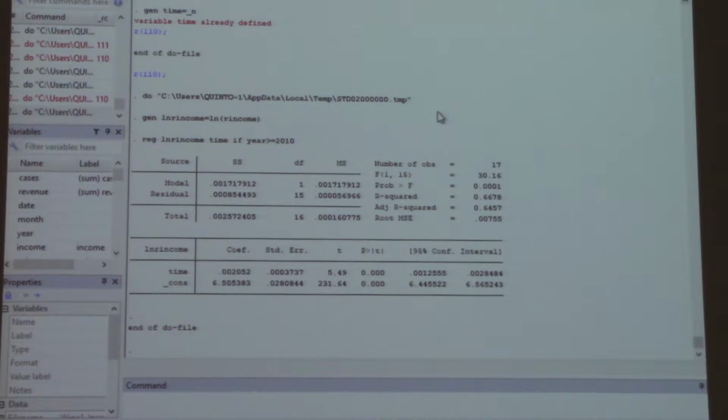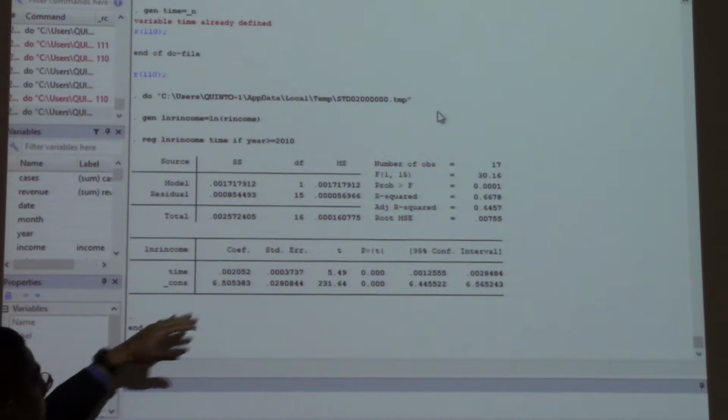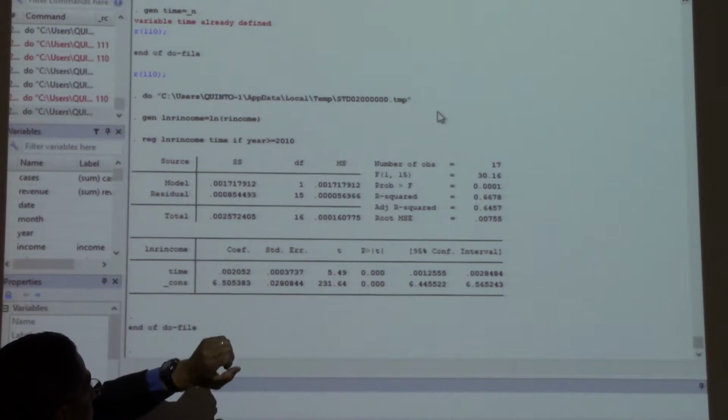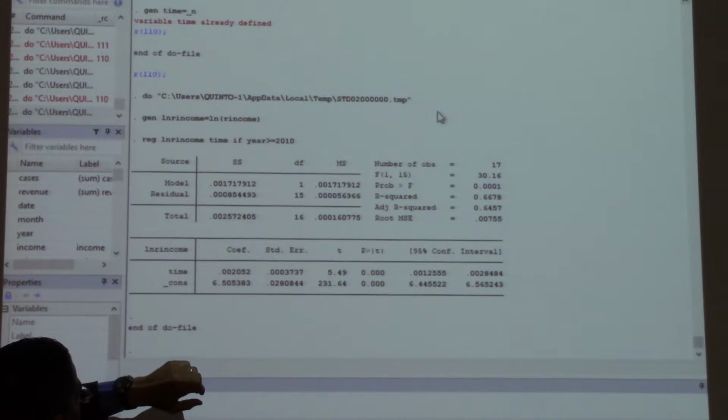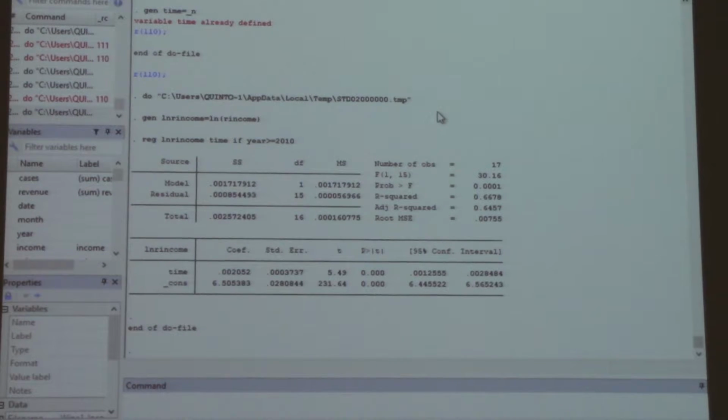So again, we're not trying to predict income. We're using a prediction of income based on the post-recessionary period. So it looks like income was growing at about 0.2% per 4-week ending period, something like that.